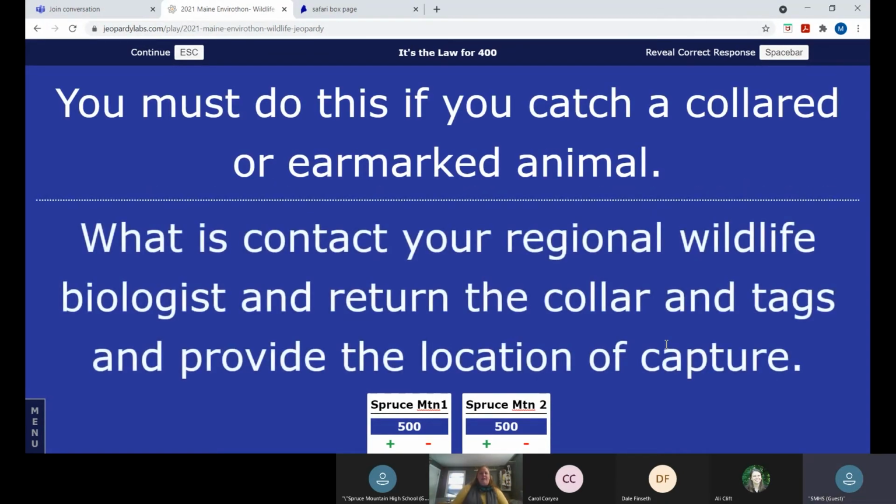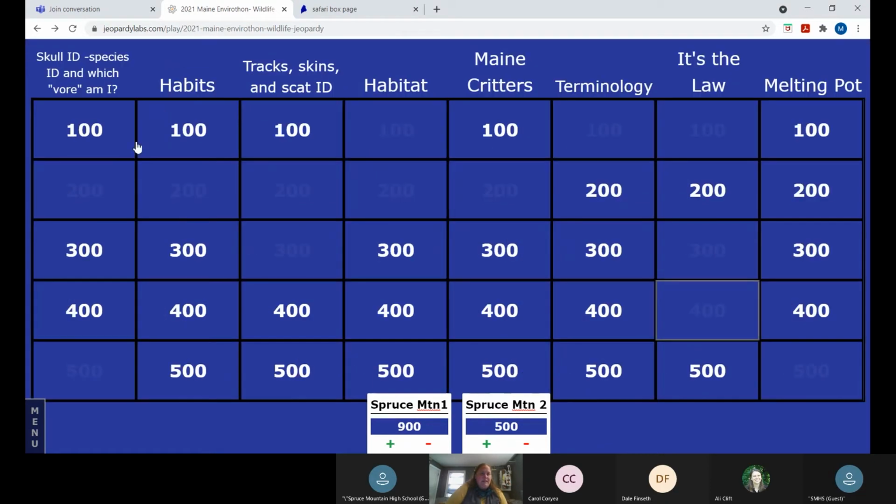So you contact your biologist to let them know, and you want to return any collars or tags, and hopefully you can provide the location of capture. We'll give you the points on that one. Good. All right. Spruce Mountain 2.